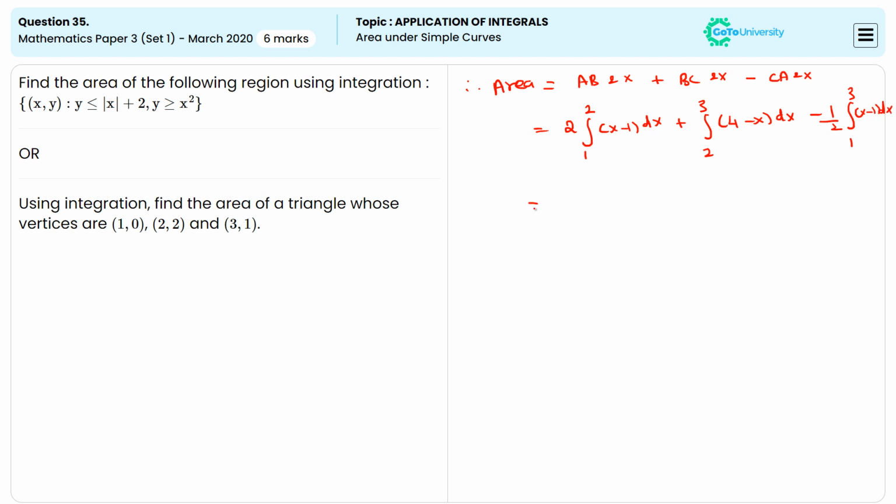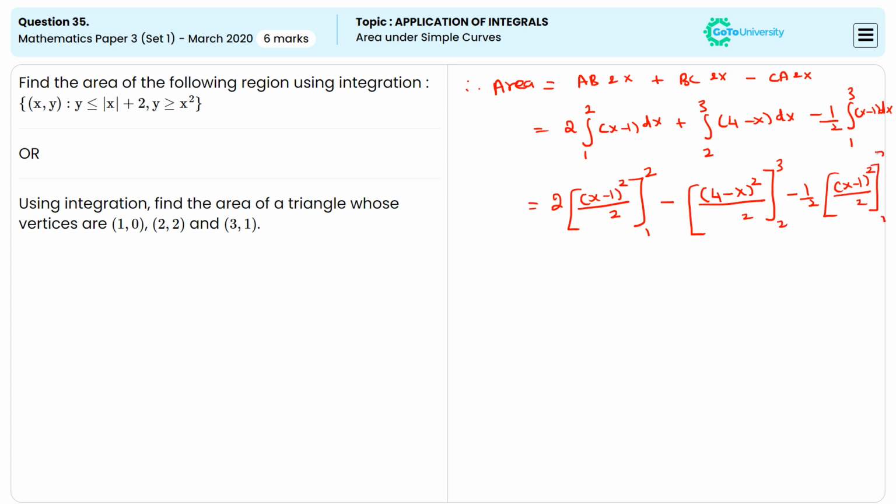If we integrate, we get 2 times (x minus 1) the whole squared divided by 2 with limits from 1 to 2, minus (4 minus x) the whole squared divided by 2 with limits from 2 to 3, minus 1 by 2 times (x minus 1) the whole squared divided by 2 with limits from 1 to 3.